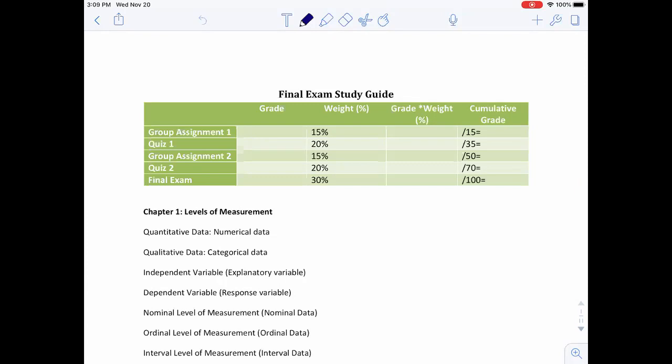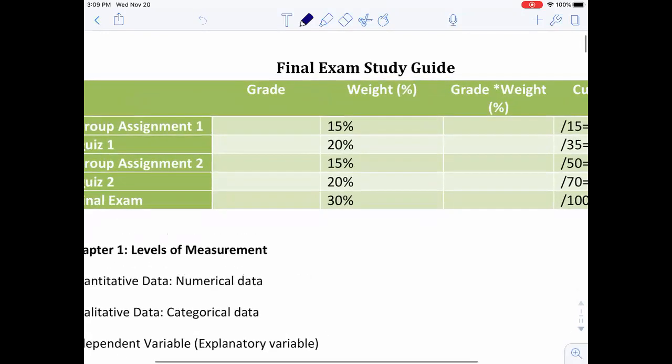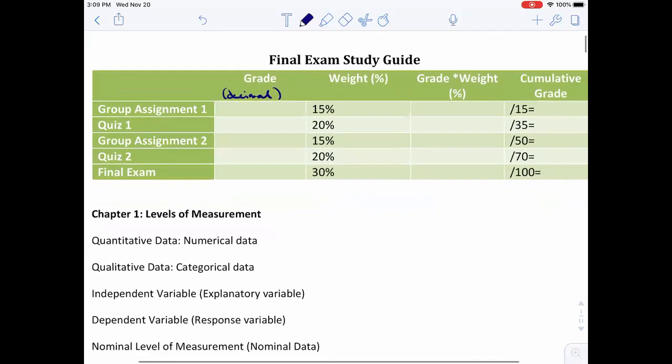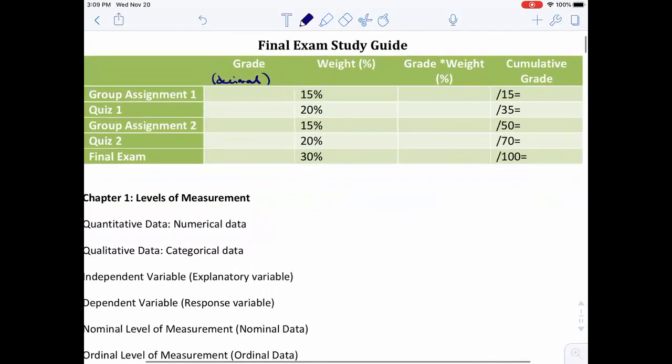So what you should be doing is you should just keep a tally here of your grades, right? And this should be as a decimal. Okay. So let's say I got, well, you all got the same grade, but I can't remember what it was for group assignment 1. 33 out of 35. Okay, so 33 out of 35.